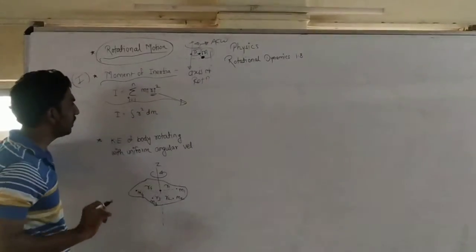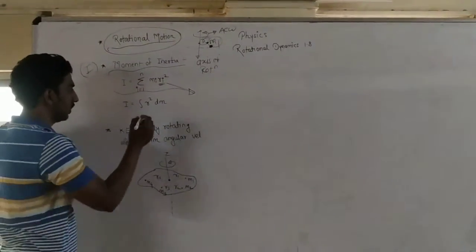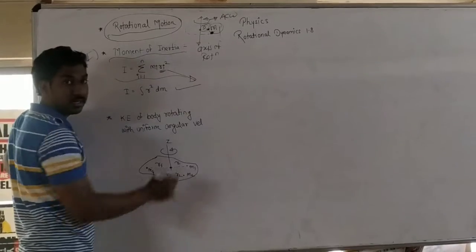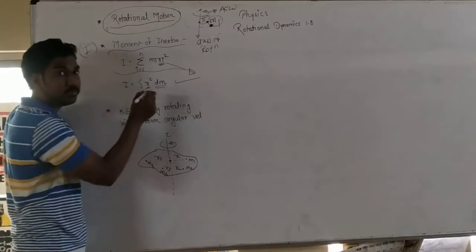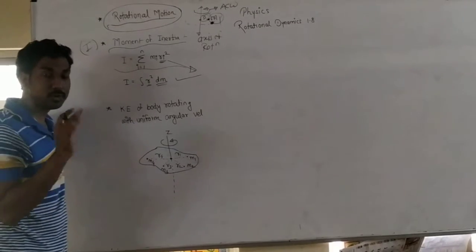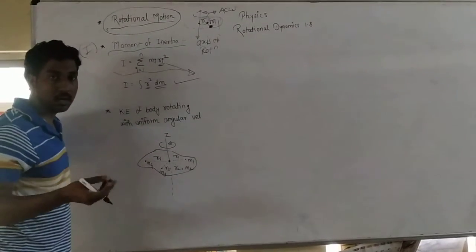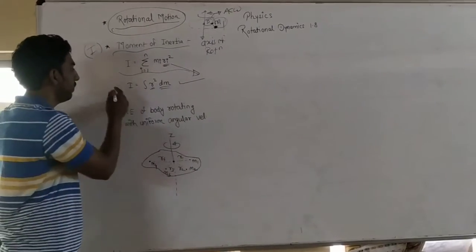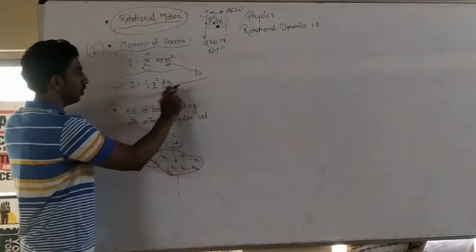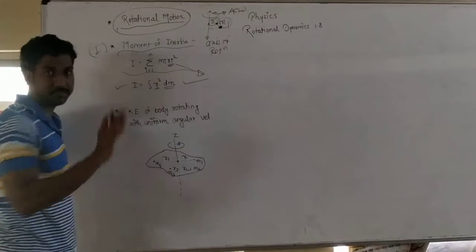This is the basic definition. Or you can also write it as an integration, that is integral of r square dm, where dm is the small mass. Suppose the body is made up of a number of small particles, m1, m2, m3, etc. At that time we will use this formula, I equals integral of r square dm.